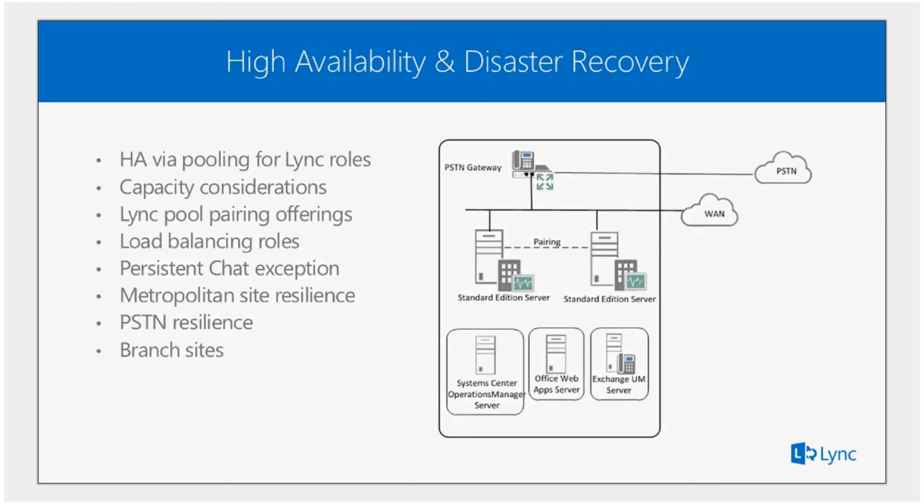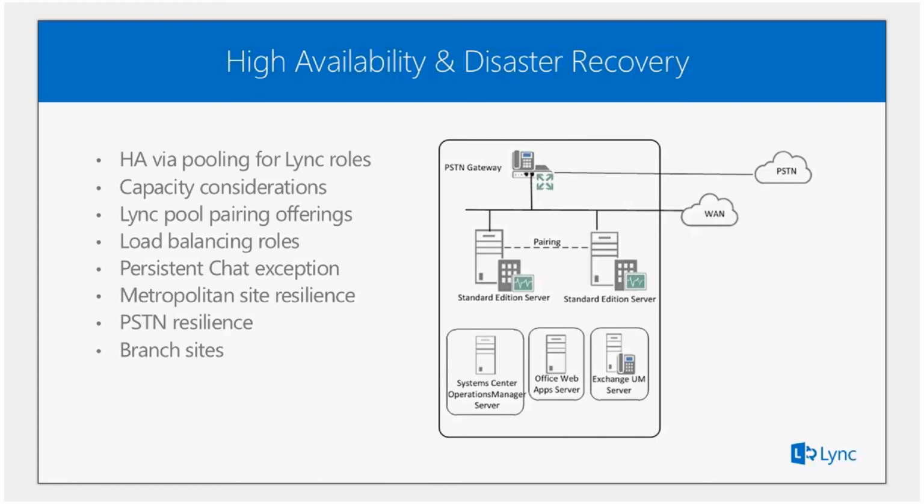Metropolitan site resilience. Previously, in other versions of Lync and on other unified communications platforms, what's meant by metropolitan site resilience is if I had 2 offices and I put 2 front-end servers in a pool, I might put one of those servers in one office and one in the other and tell myself, well, at least if one office burns down, the other office is okay, and that's where the other server is.